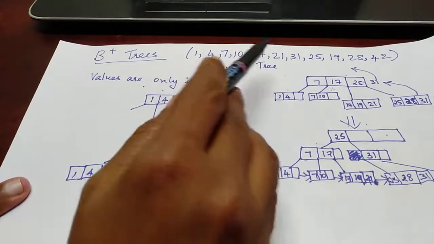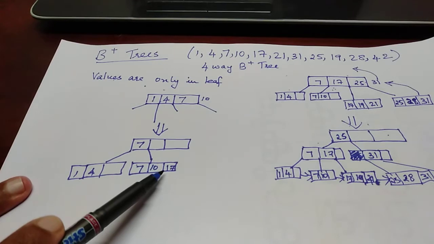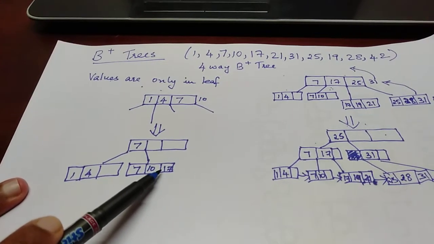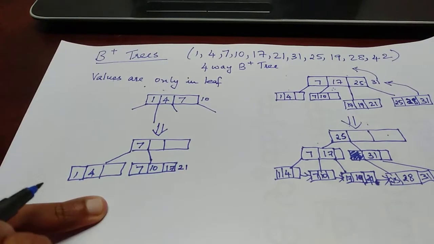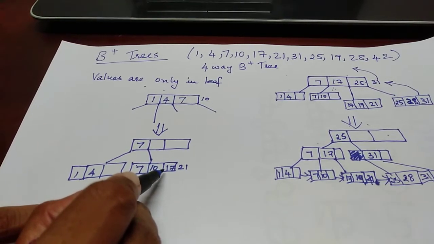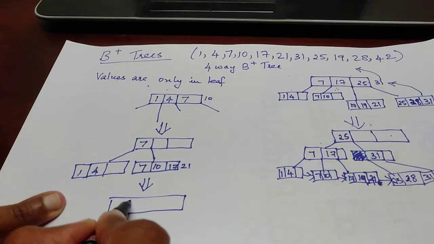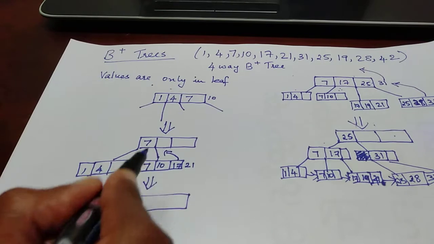Then I have got the element 21. 21 is supposed to go to the right of 17, but I do not have space over there. If I put 21 over here, I need to split again. So now the value 17 is the number which is going to be pulled up.